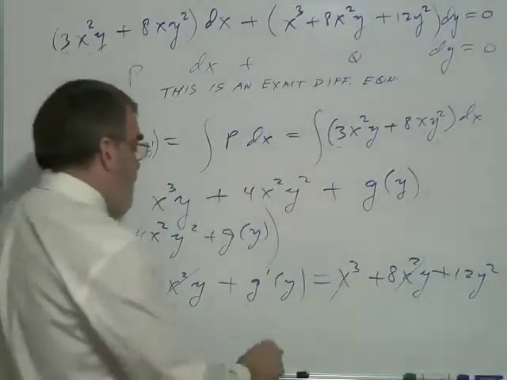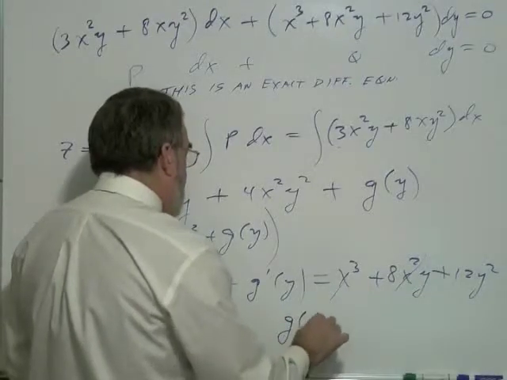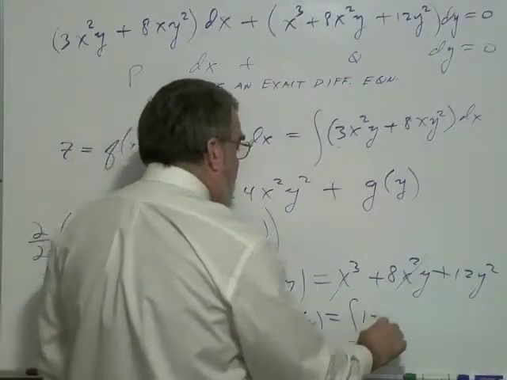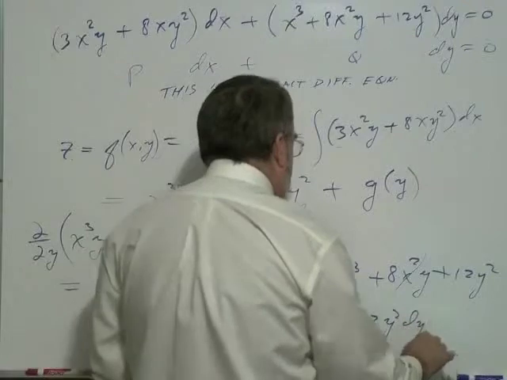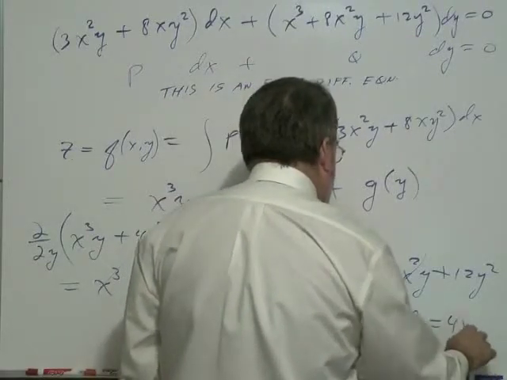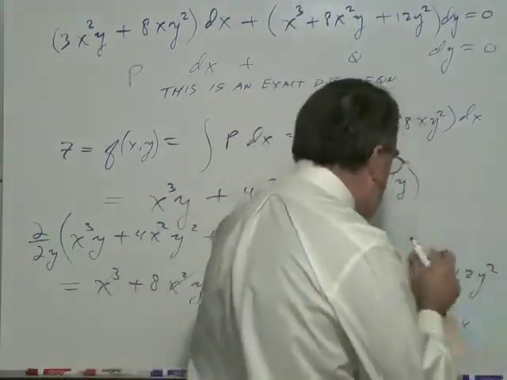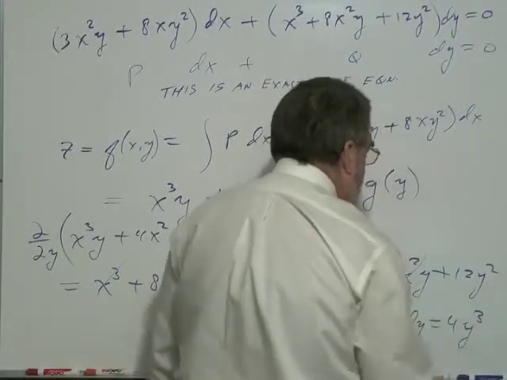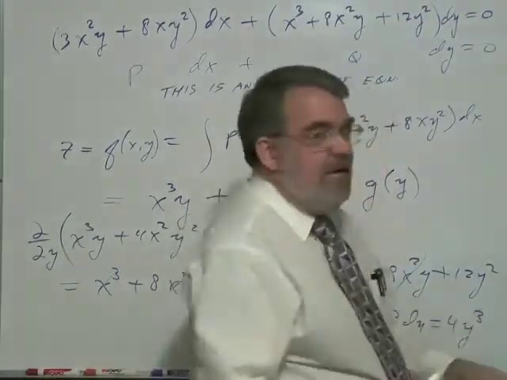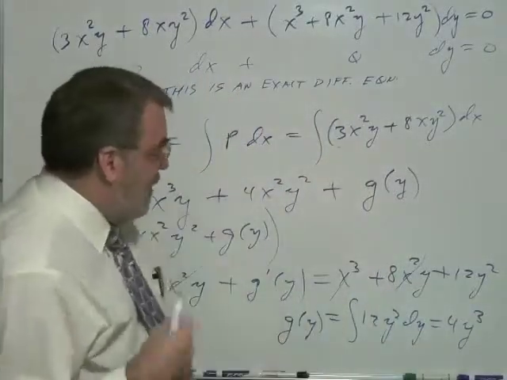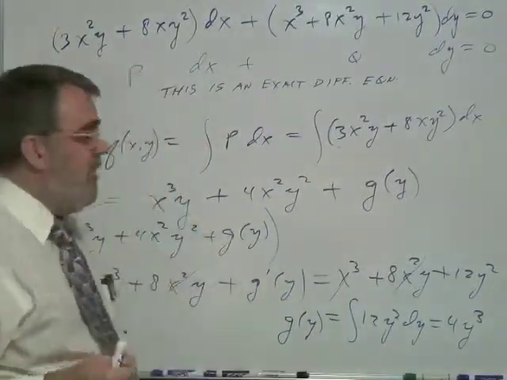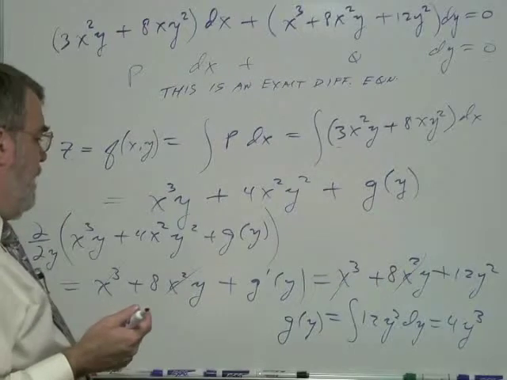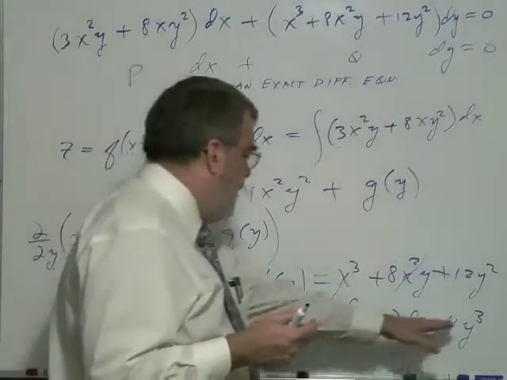So what's g of y? G of y would be the integral of 12y squared dy, which would be 4y cubed. And technically that also has a constant, a plus c. I'm going to ignore that plus c though. I'll tell you why in a minute. But integrating this, I get 4y cubed.